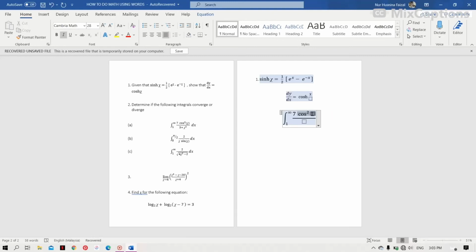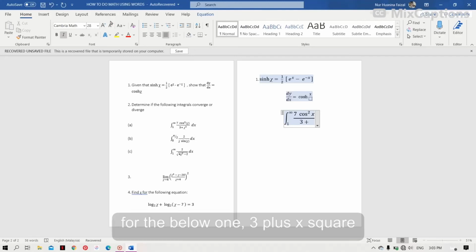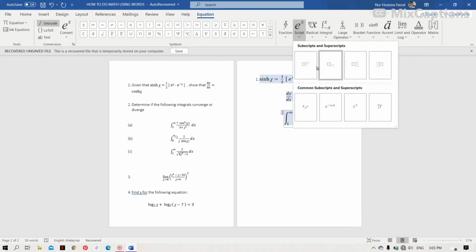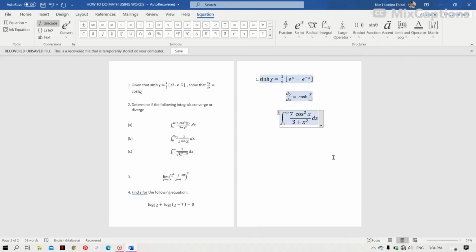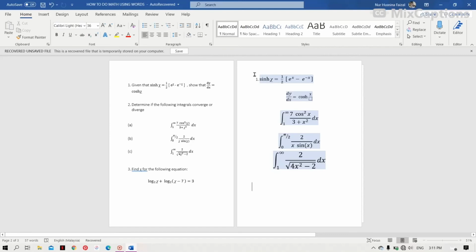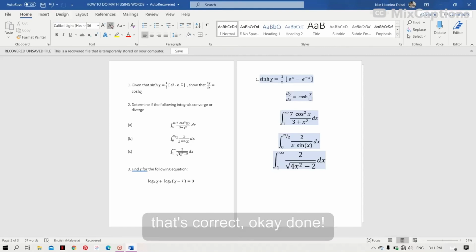Okay, then you put x. For the below one, 3 plus x squared. You can just put 3 plus x differential. Okay, let's see. X squared. Okay, done.